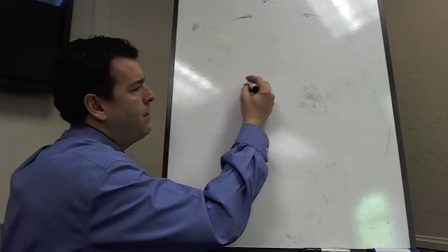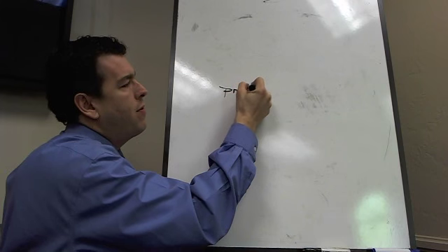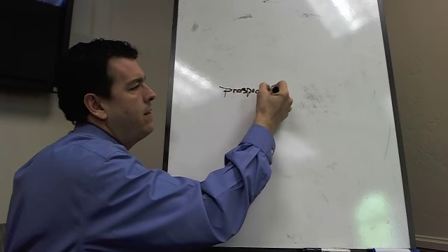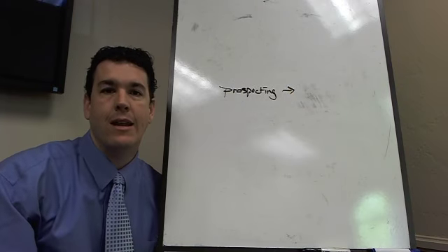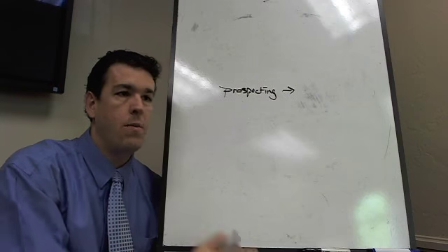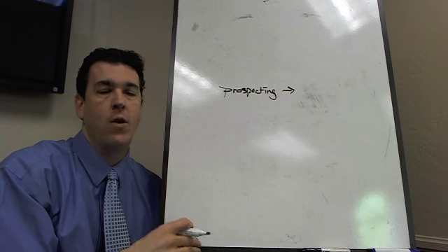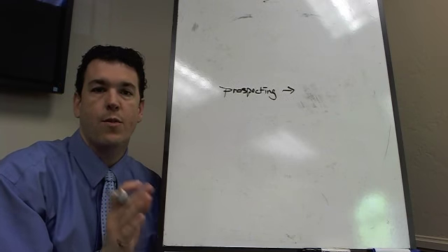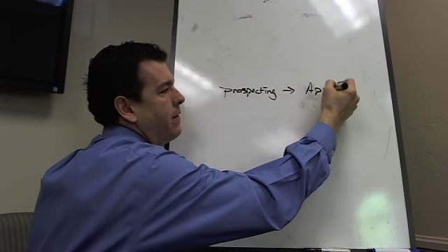The first rule is to understand the whole purpose of prospecting, it doesn't matter what kind it is, whether it's holding open houses or door knocking or phone calls or whatever it is you do for prospecting. The purpose of prospecting is to set an appointment.